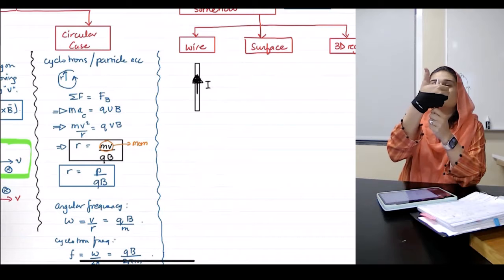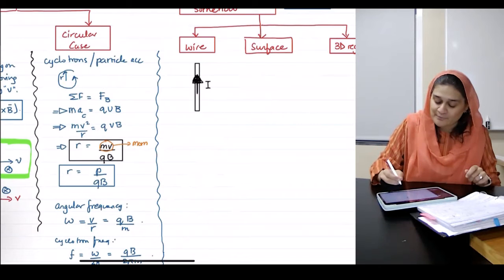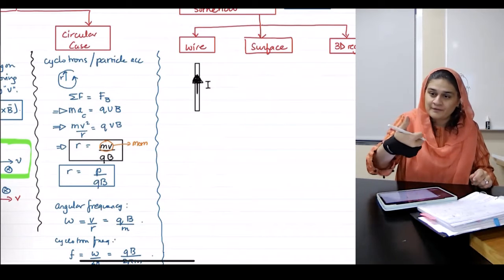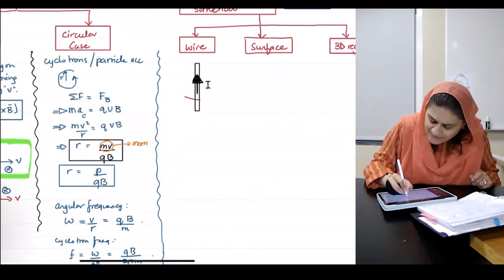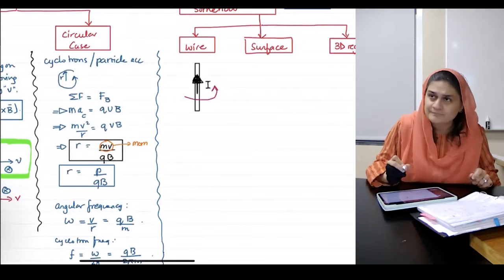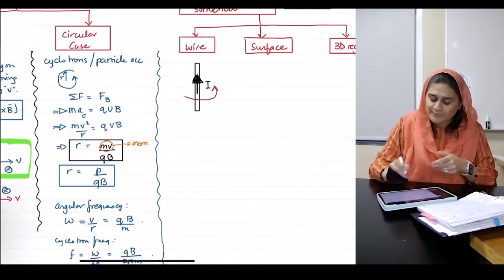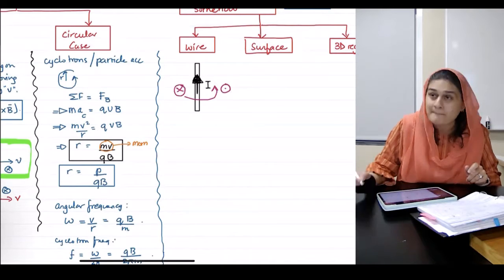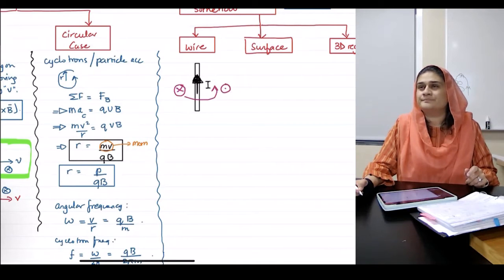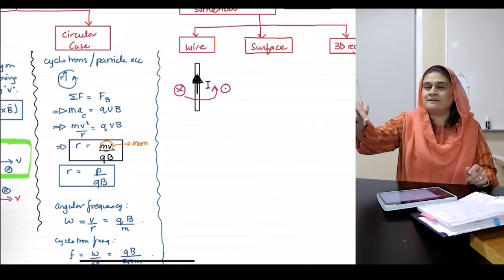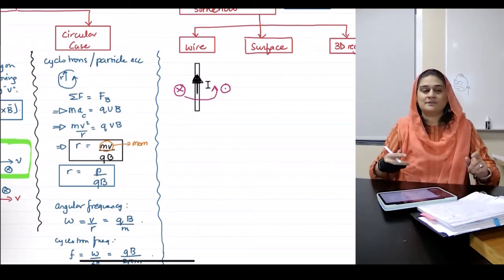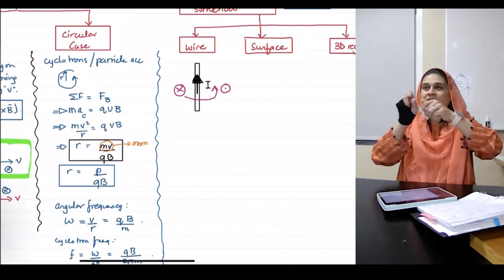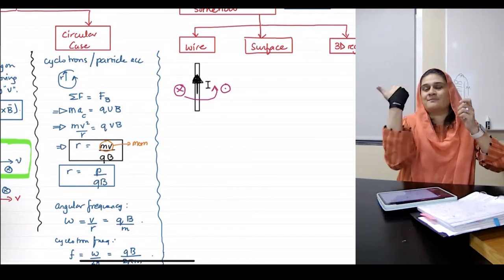That will be the direction of the magnetic field. So the magnetic field will actually curl around your finger. It goes in and then comes out of the paper.